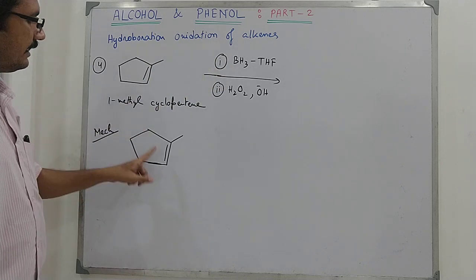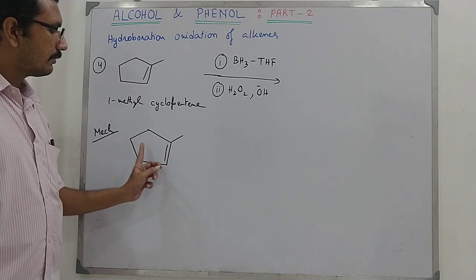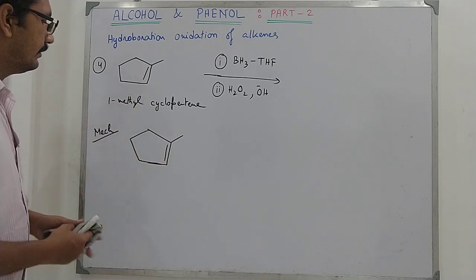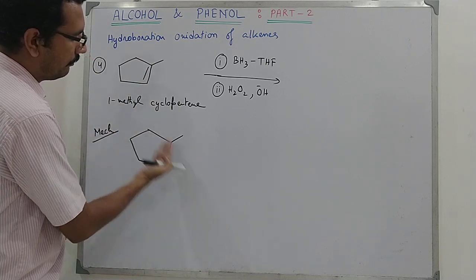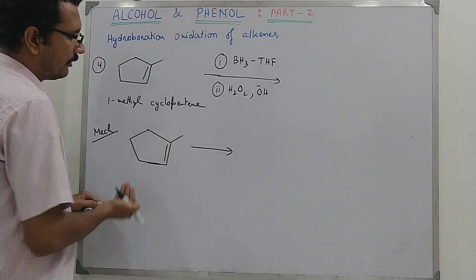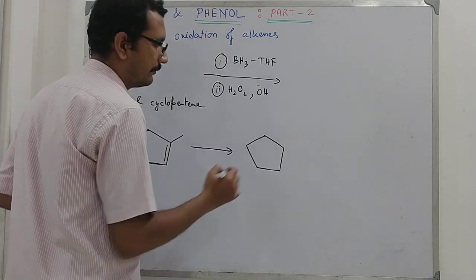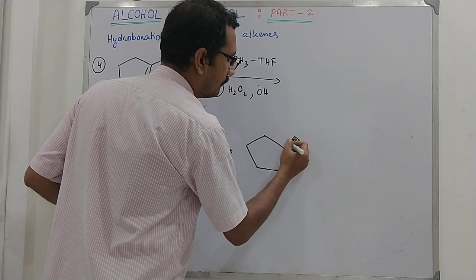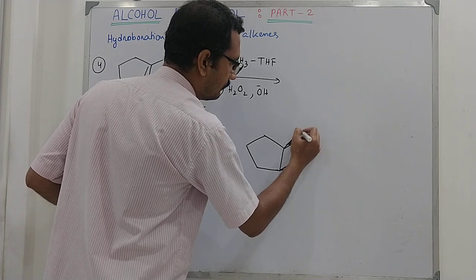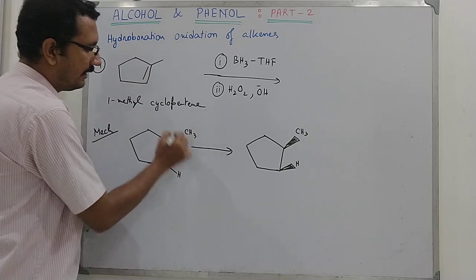Now this BH3 will adhere to this double bond from either one of the faces, and it cannot cross. It will adhere to this molecule only through one face. So let us consider that the molecule adheres to the lower part of the plane. So it will look like this: here it is a hydrogen atom, and here we have a methyl group.